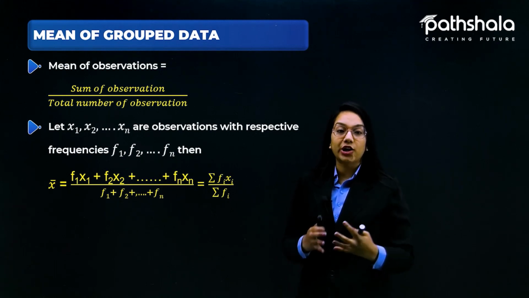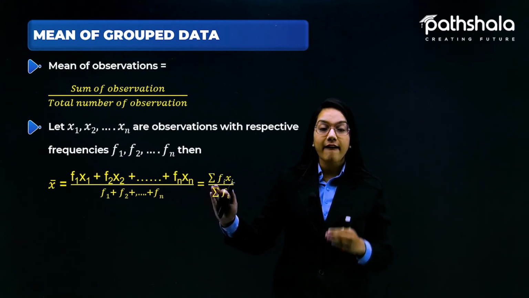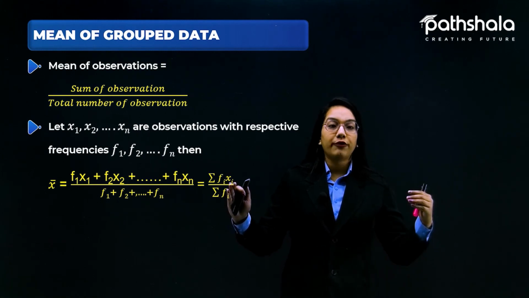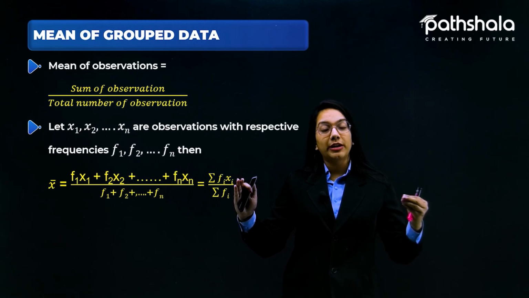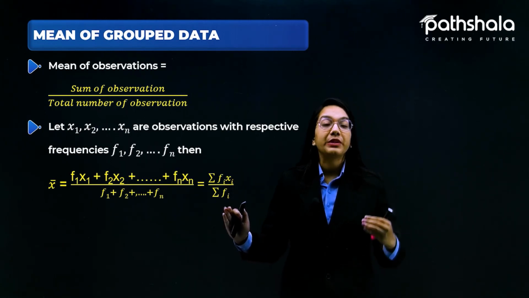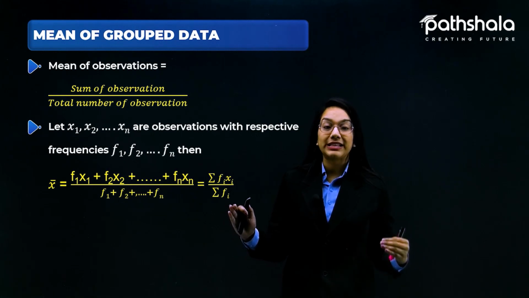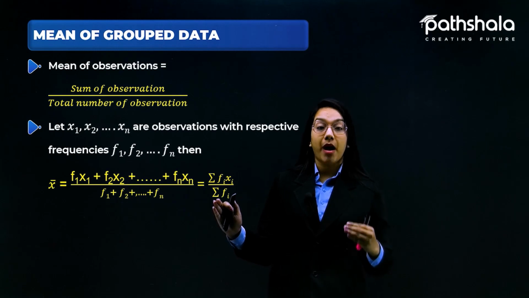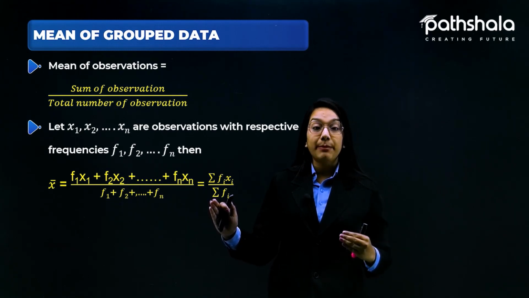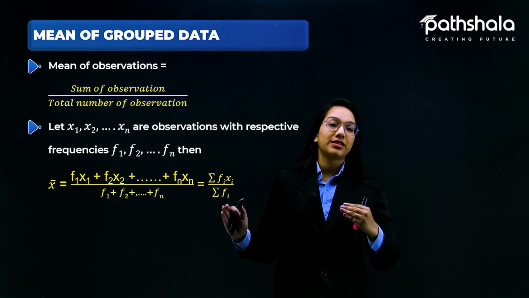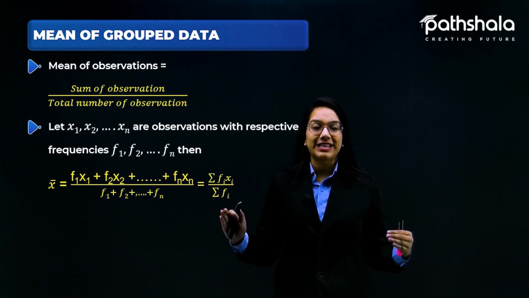So this is sigma fi xi, the sum of all the frequencies multiplied by their respective observations, divided by sigma fi. Sigma fi means the sum of all the frequencies that we have.